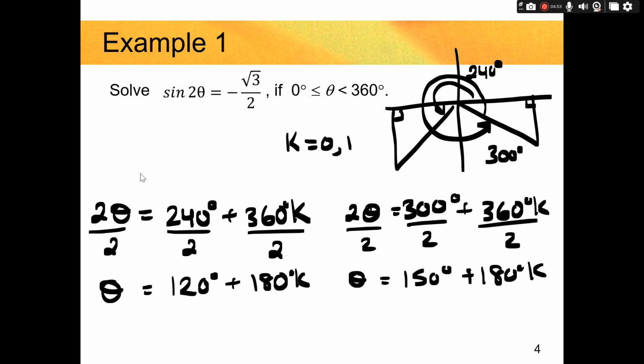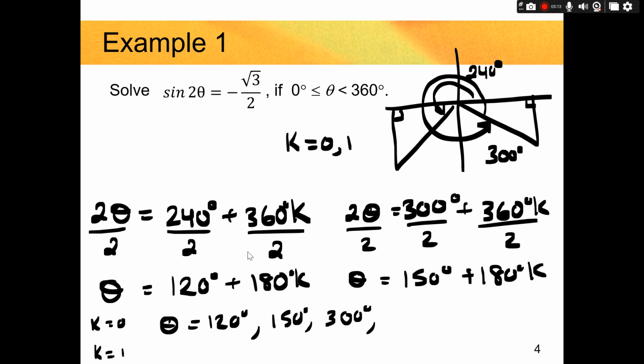Now, in your mind, if k is equal to 0, what would be the answer? That was the easy one. 120, 150. If k is equal to 1, what would be the answers? Because you're sophisticated trig students, you can do that in your head. 300.